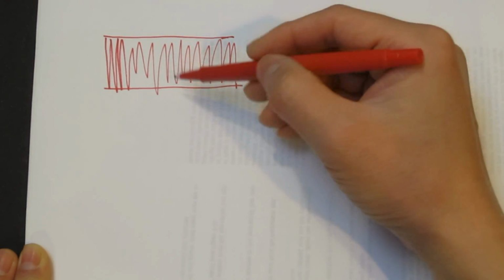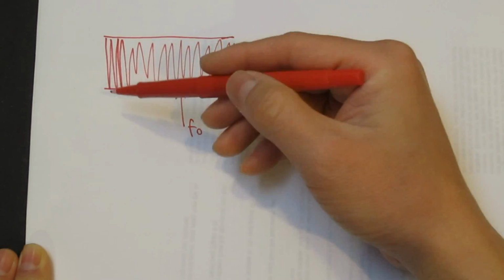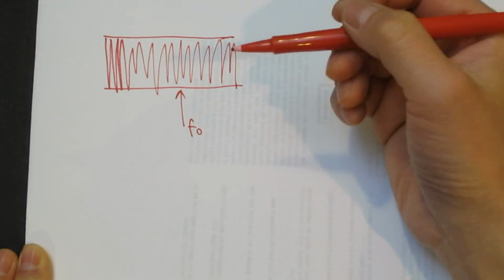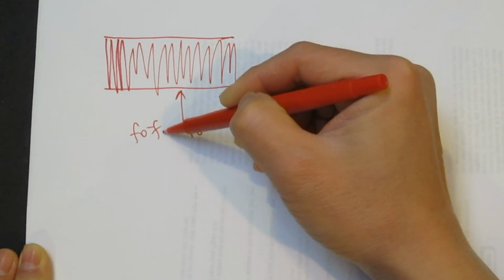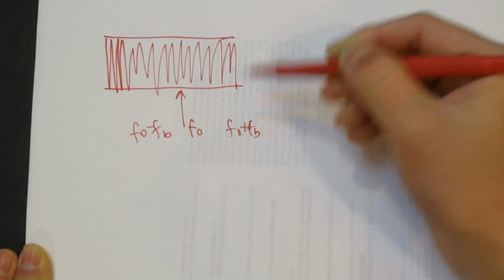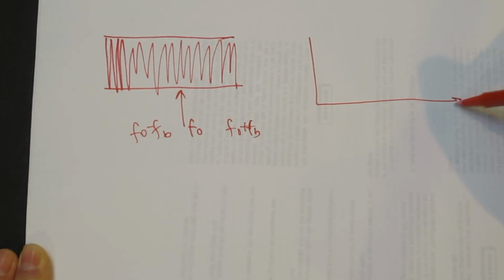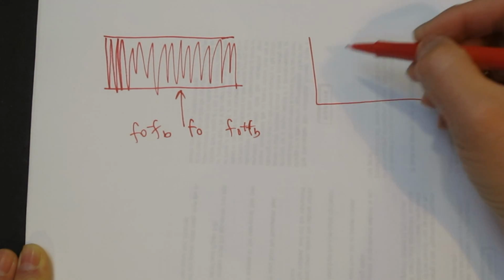It has a center frequency of F0, and the frequency expands, depending on the modulation depth, to, let's say, F0 minus FB to F0 plus FB. If we plot that using the spectrum plot, we get this figure.